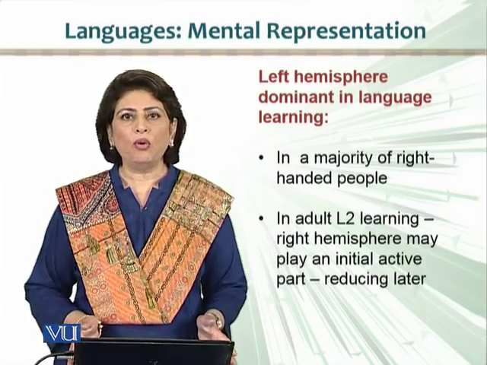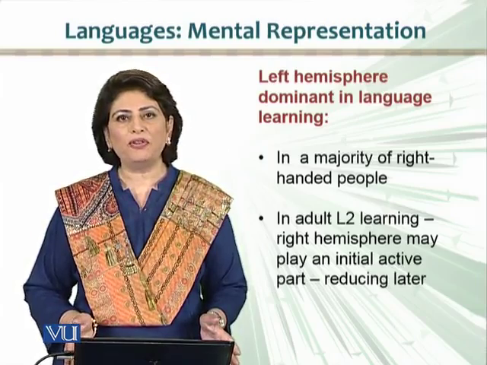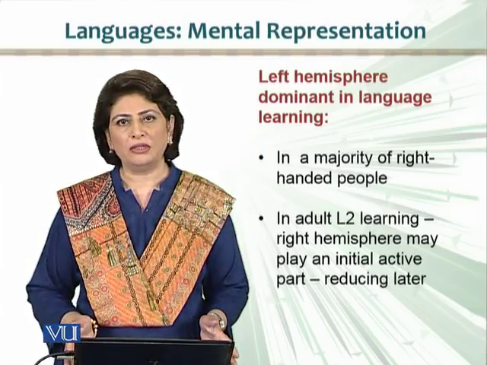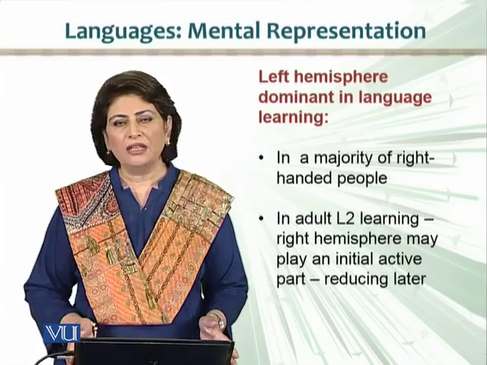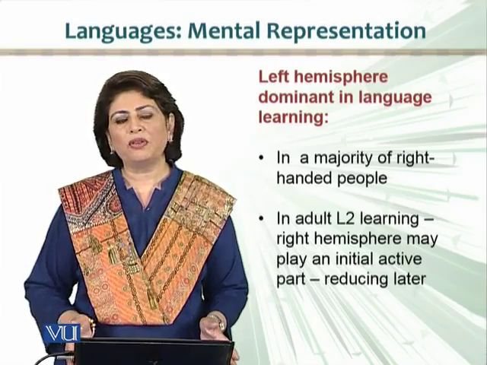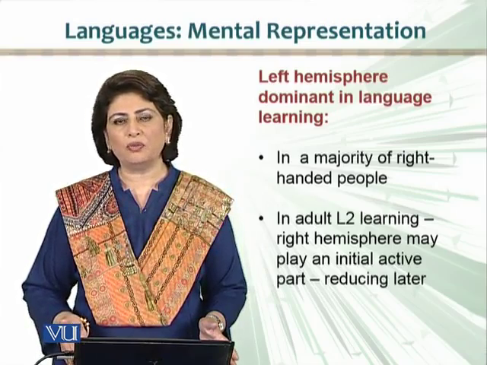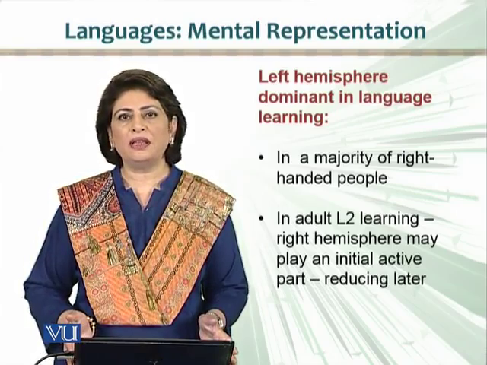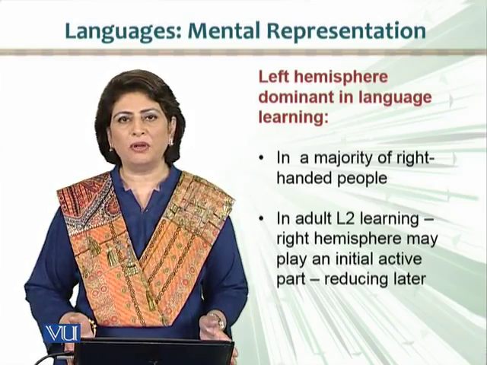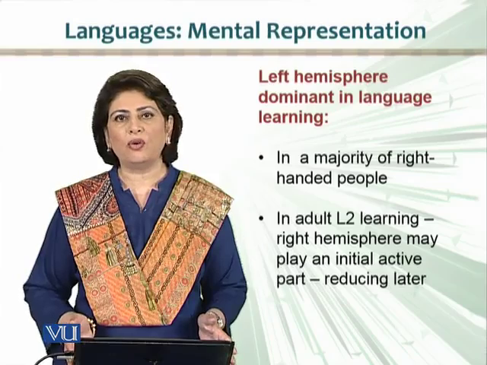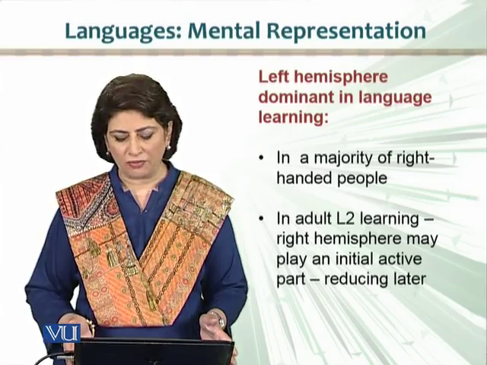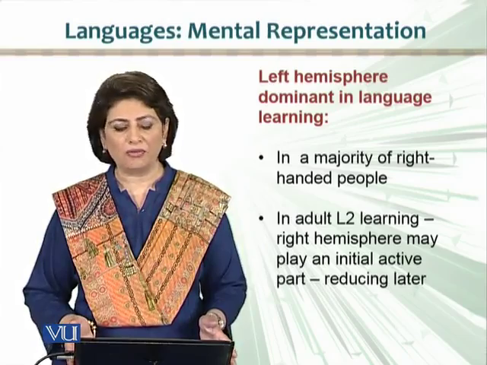However, over time, as the proficiency level of the adult increases, the right hemisphere somehow reduces its work, and it is the left hemisphere of the brain again that takes over the job of language learning and language processing.